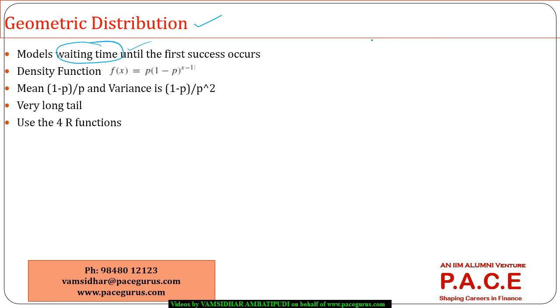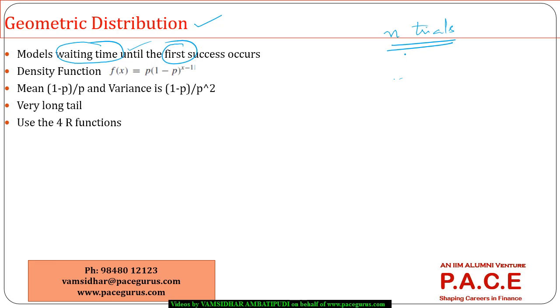What is the number of trials that I have to typically perform to get my first success? That is what I want to model, because the number of trials is a random variable here. The number of attempts that I have to make to get my first success follows a geometric distribution.